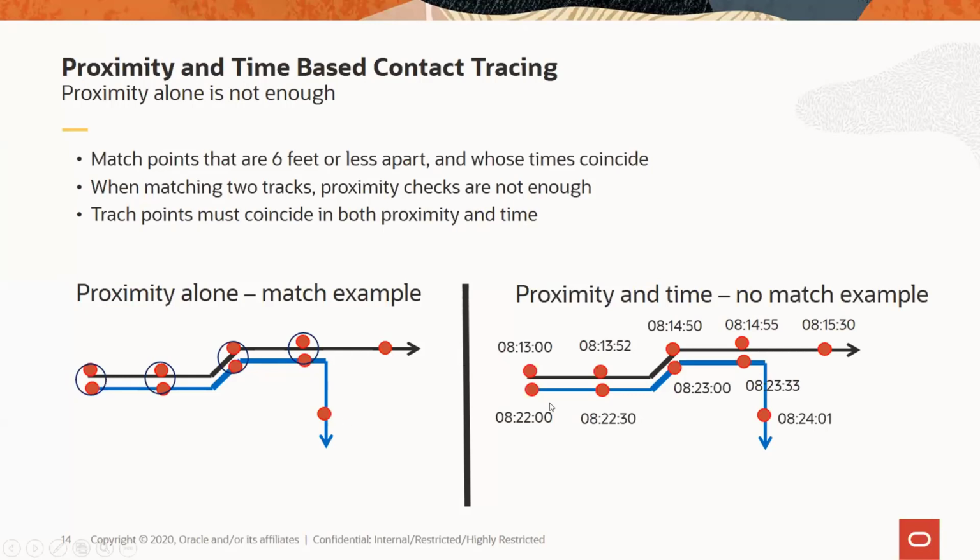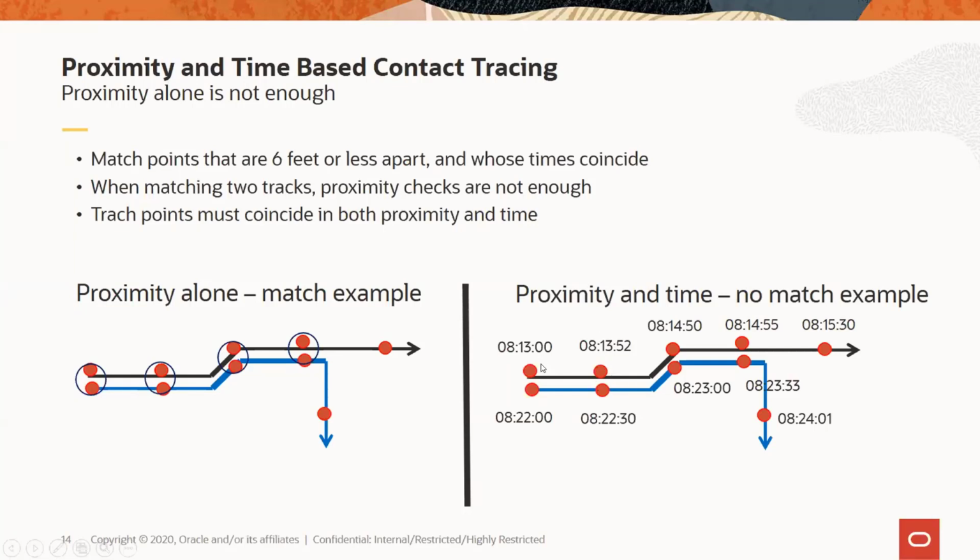On the right side, I've got the same exact points, but what I've done is I've assigned a timestamp to each point. So this one and these two are basically 9 minutes apart. So even though they are within a certain required distance, they're not a match because their timestamps are too far apart. 9 minutes apart is too far apart. So these two also are 9 minutes apart, so no match.